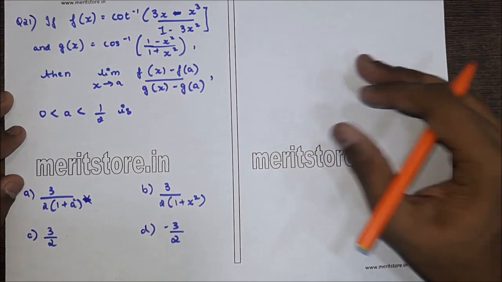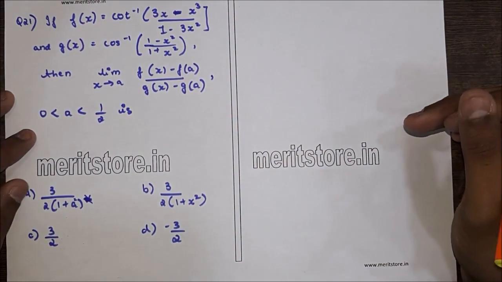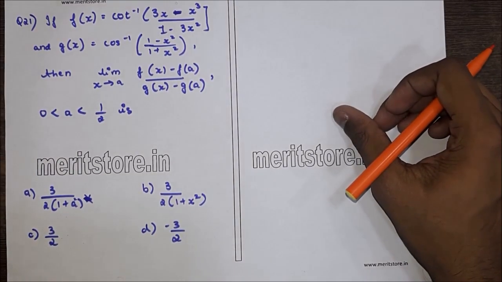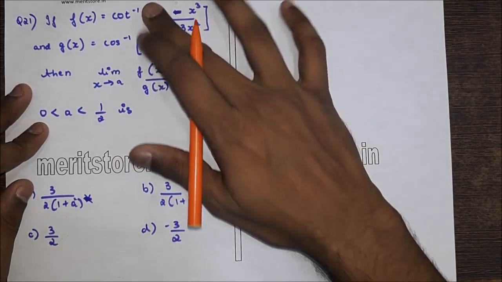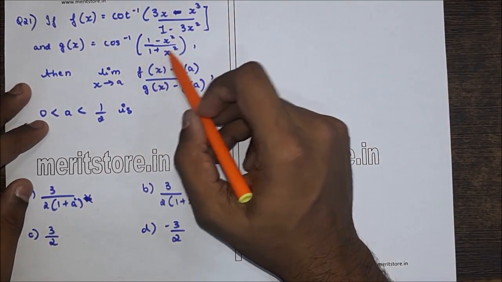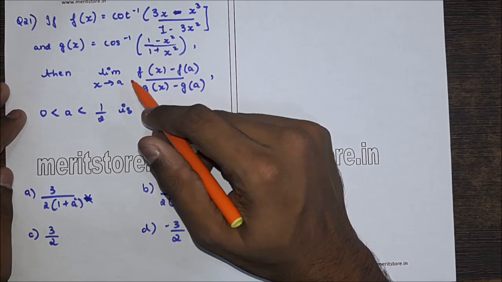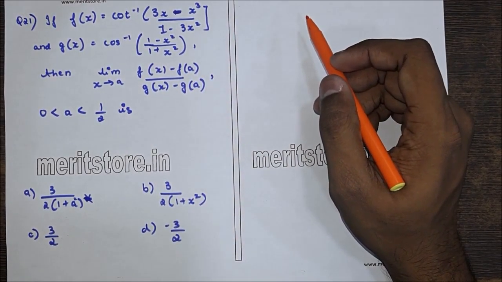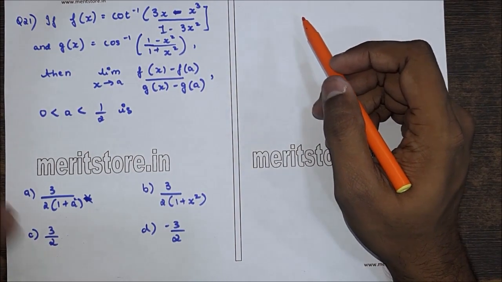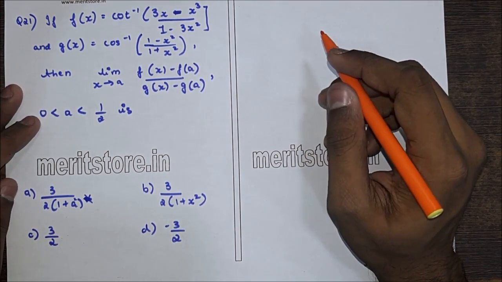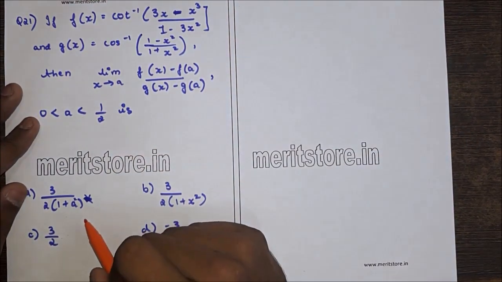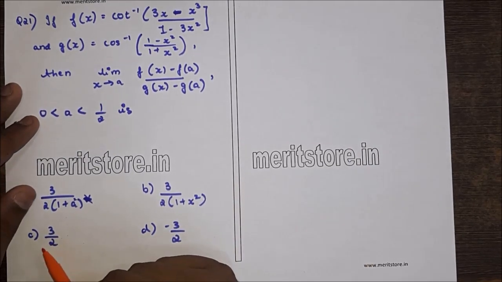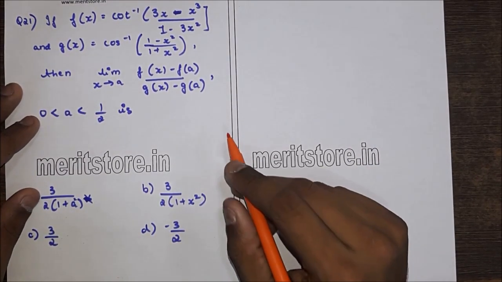If f of x equals cot inverse of 3x minus x cube upon 1 minus 3x square, g of x is equal to cos inverse of 1 minus x square upon 1 plus x square, then limit of x tends to a, f of x minus f of a upon g of x minus g of a, where a is greater than 0 but less than 1 by 2, is: A 3 by 2 into 1 plus a square, B 3 by 2 into 1 plus x square, C 3 by 2, or D minus 3 by 2.